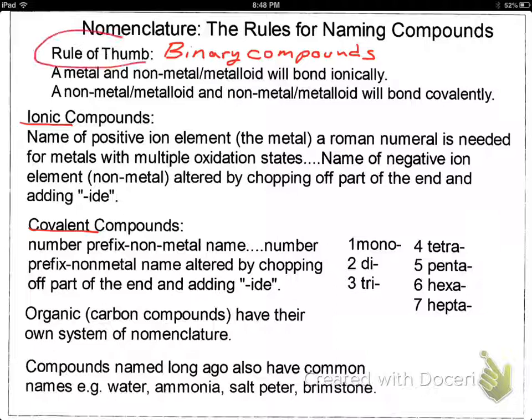The rule of thumb that we're going to use is that if you have a metal and a nonmetal or a metalloid combined together, we're going to assume that that's going to form an ionic bond. If the compound is comprised of a nonmetal or a metalloid combined with another nonmetal or metalloid, we're going to assume that the compound is bound covalently.